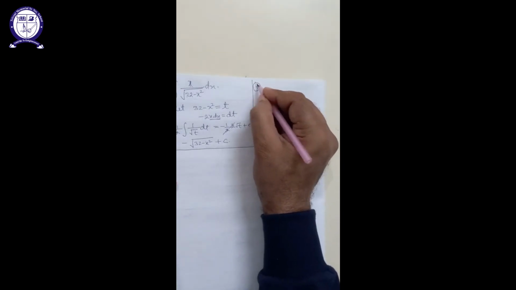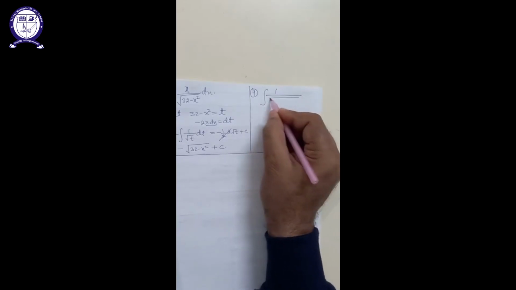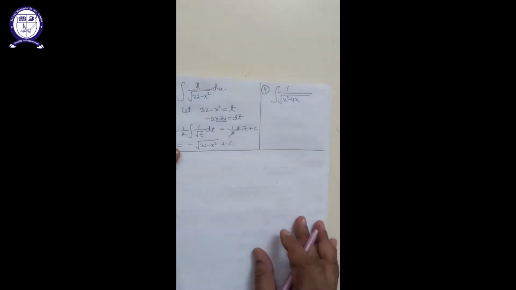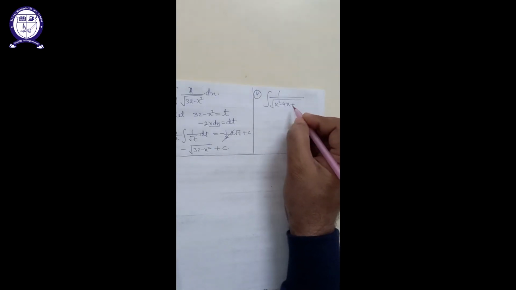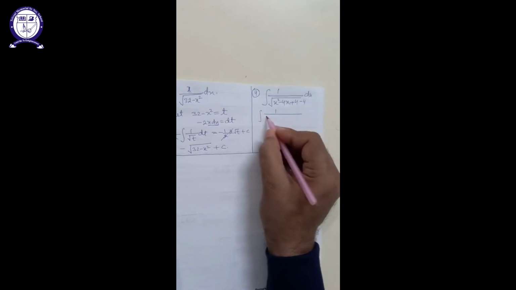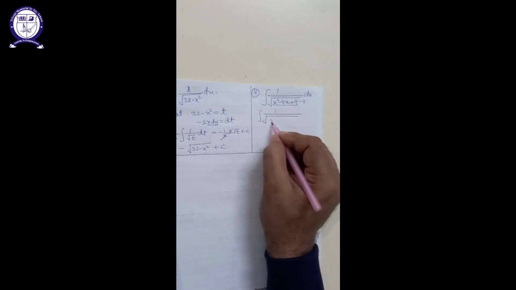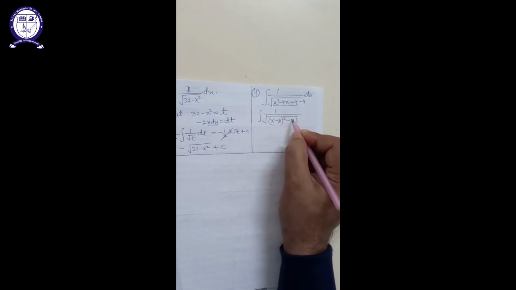Fourth, simple question: integration of 1 upon root x square minus 4x. Can you solve? Firstly, make it a perfect square by adding and subtracting 4, since the coefficient of x is 4, half of 4 is 2 and the square of 2 is 4. 1 upon root, this is a perfect square, x minus 2 whole square minus 2 square.